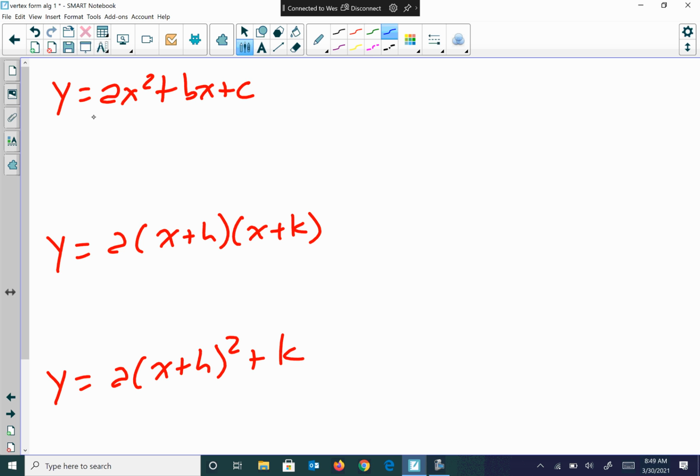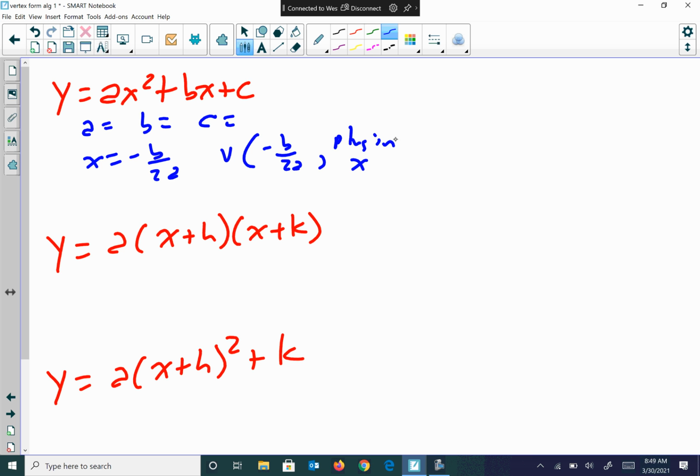So this one, you know your a, you know your b, you know your c. You know that x equals negative b over 2a, and you know that your vertex is at x equals negative b over 2a. Plug in x. We also know the y-intercept on this one because it's (0, c).